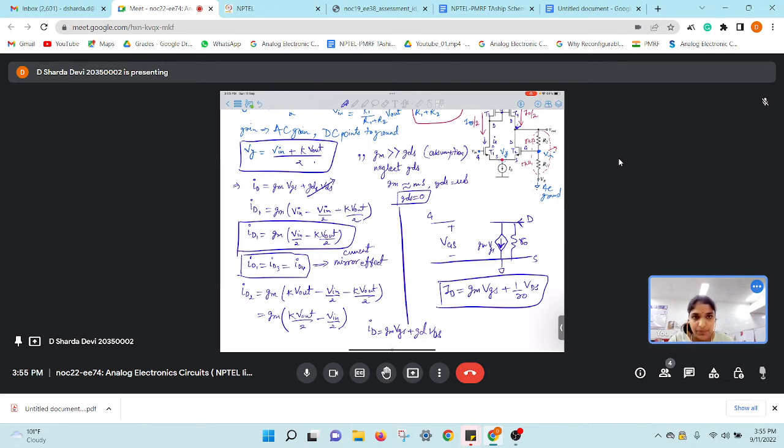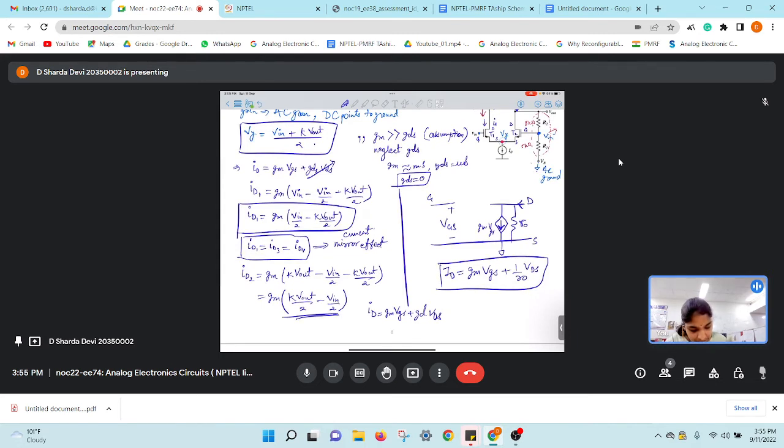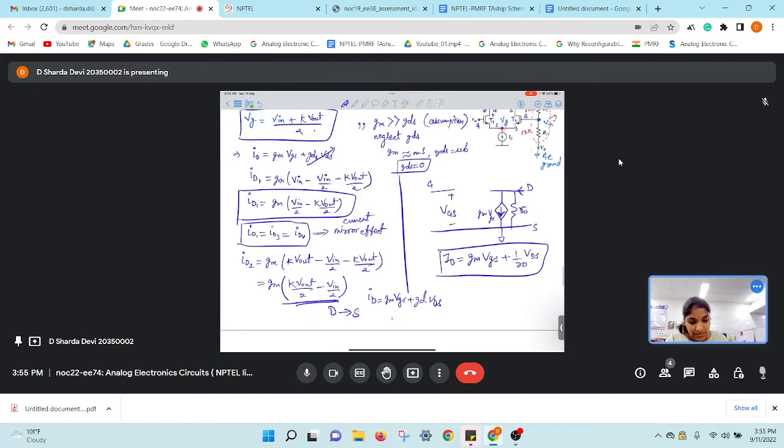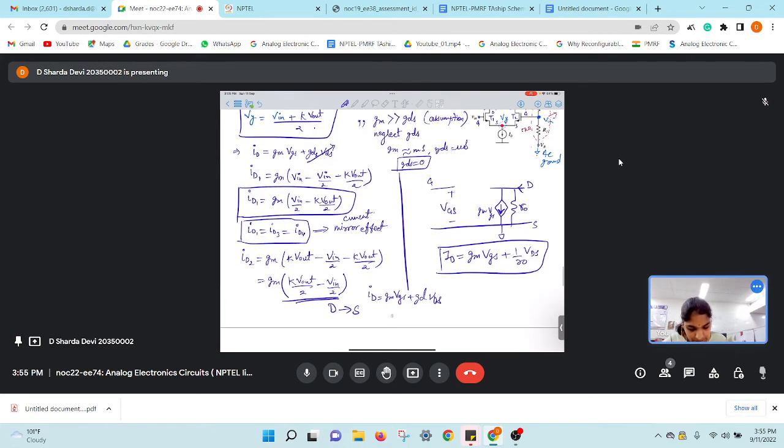So here also this current is from drain to source. But if you observe it carefully, ID2 is minus of ID1. This is clearly evident, right?